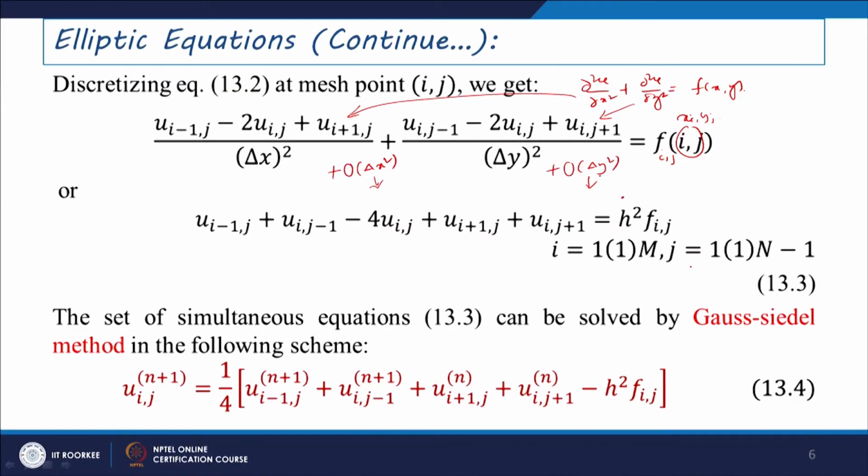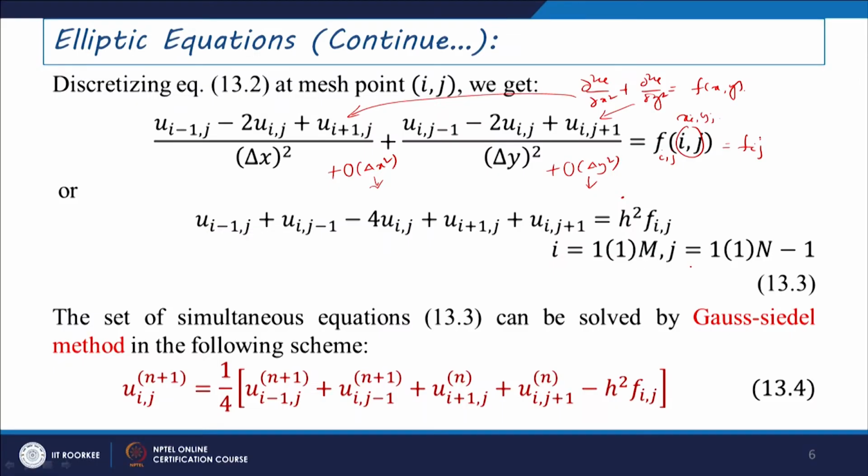If we neglect these higher powers of del x and del y, that is the error terms, we get the total expansion as ui minus 1j minus 2 uij plus ui plus 1j by del x square plus uij minus 1 minus 2 uij plus uij plus 1 by del y square, equals fij, since we are denoting this point as xi yj.